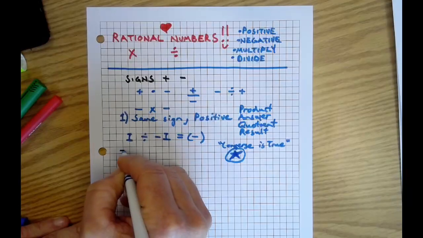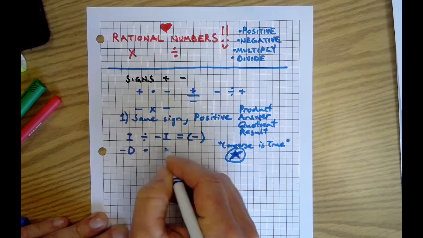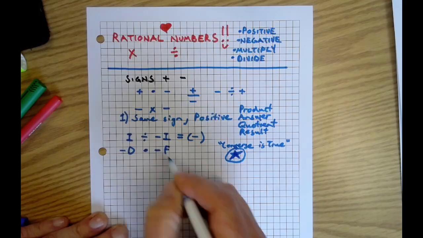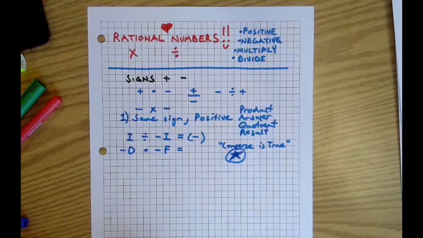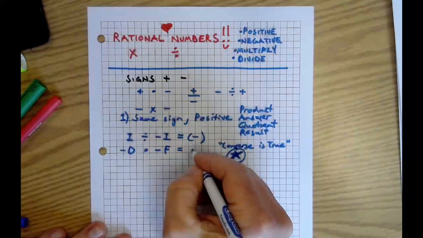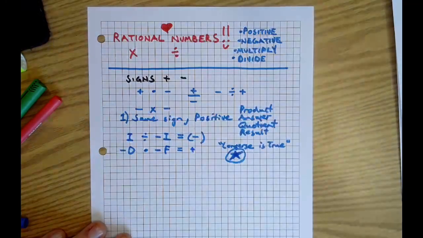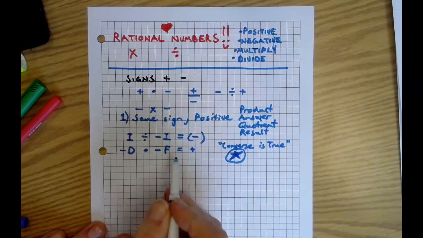What if I have a negative decimal times a negative fraction? What will the sign of the answer be? Do they have the same sign? Yes, and if you're nodding your head up and down, that's a positive response to my question, right? So just like the positive answer will be.